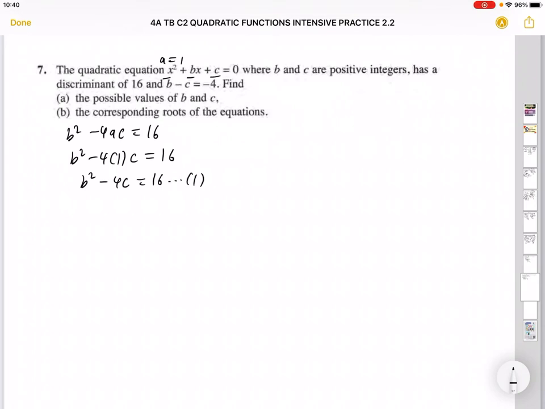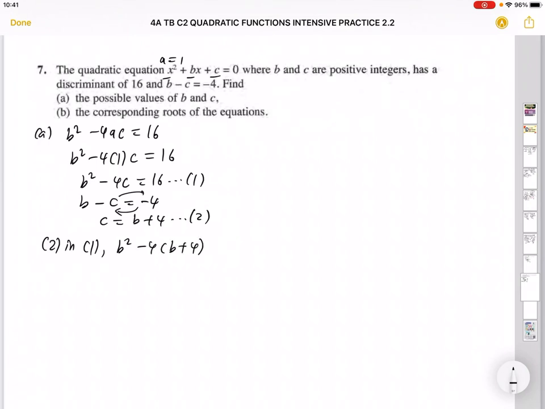Now my second equation is b minus c equals negative 4. Maybe we should use substitution. I bring c over, c is now b plus 4. Call this equation number 2. As I sub 2 into 1, b squared minus 4 times (b plus 4) equals 16.